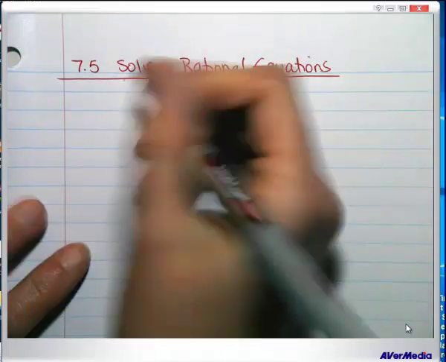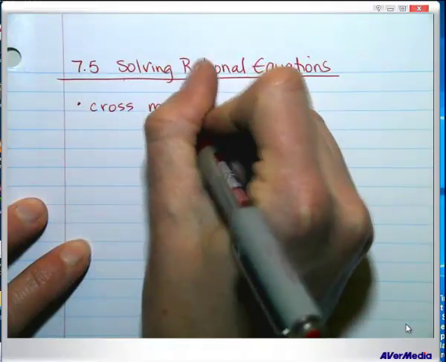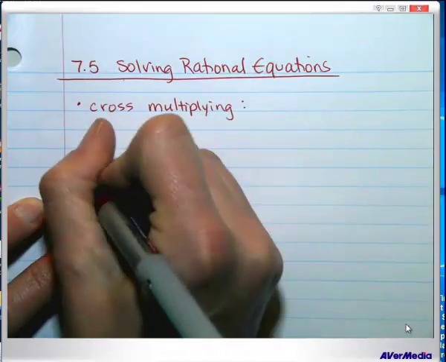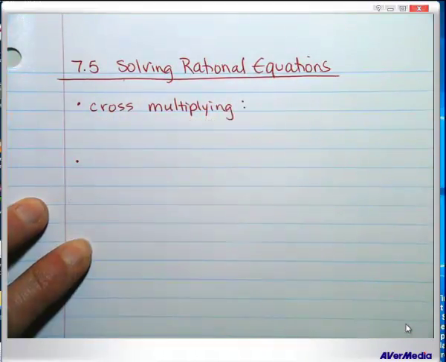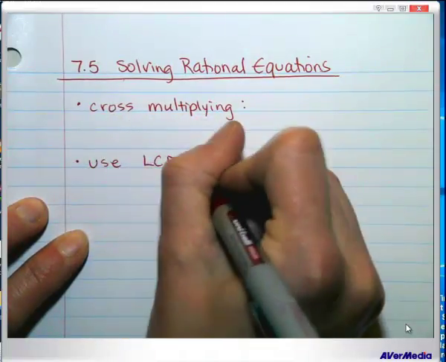And there's two goals today: solving by cross multiplication, and we'll talk about what that is, and then solving using least common denominator.